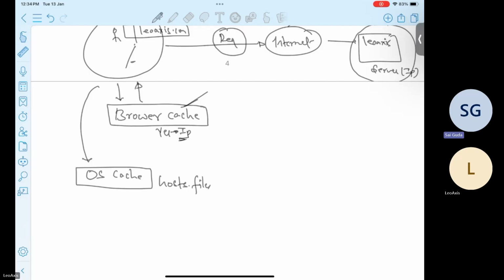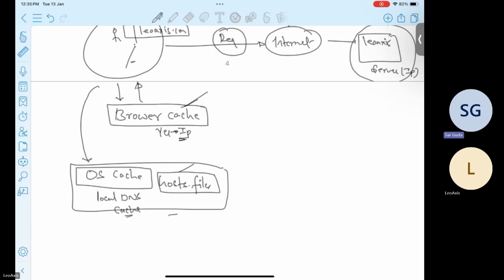If you're using Windows, you can see system32. If you go to the drive folder called system32, you can directly find the hosts file. Now, this operating system cache acts like a local DNS cache to resolve these domain names within our system. It takes the support of the hosts file to get the information. Now, if the operating system is able to find the respective IP address of the website, our system uses that IP address and initiates a request.